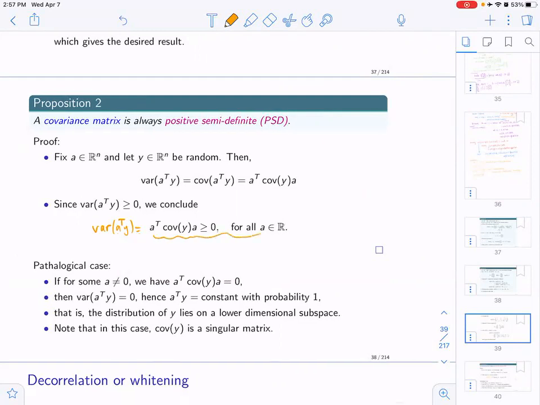So if you go back to the definition of positive semi-definiteness, this is exactly what it means for the covariance matrix to be positive semi-definite. So it's like a one-line proof, combining two facts. This is by lemma 3.